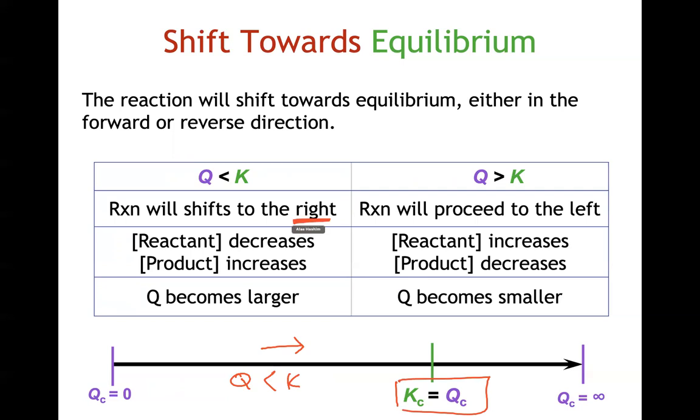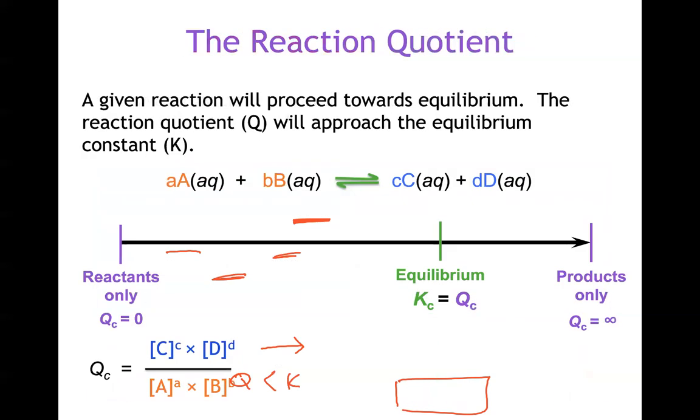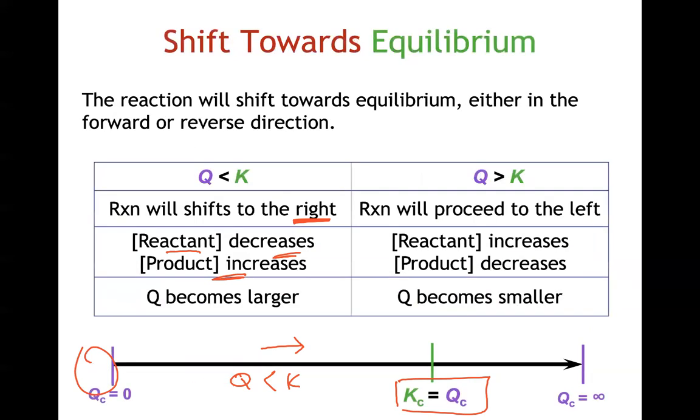What's going to happen to the concentrations of the reactants? They're going to decrease, and the concentration of the product is going to increase. How do I know that? Think of what the reaction quotient equals: the concentration of the product over the concentration of the reactant. As it approaches equilibrium, more product is formed if initially Q is smaller than K. So Q becomes larger until it's equal to the equilibrium constant.